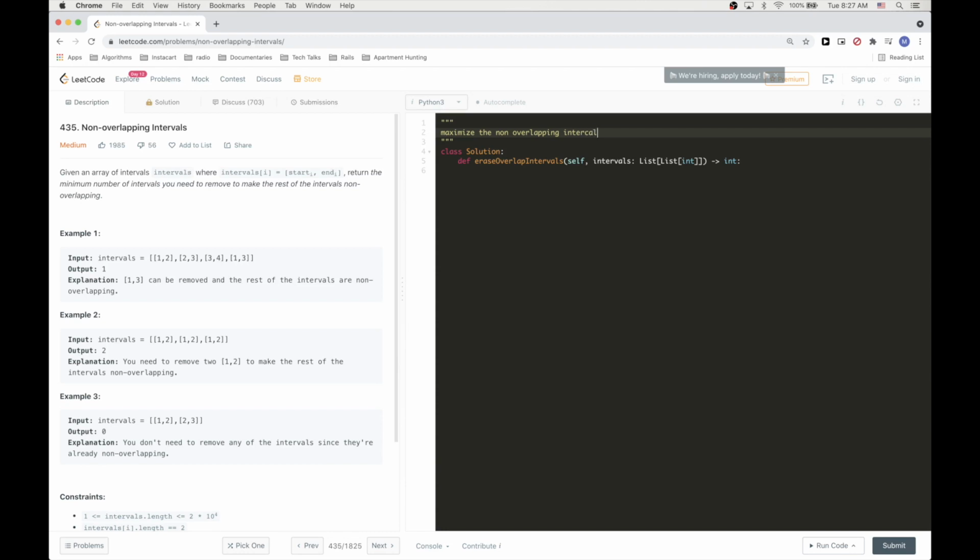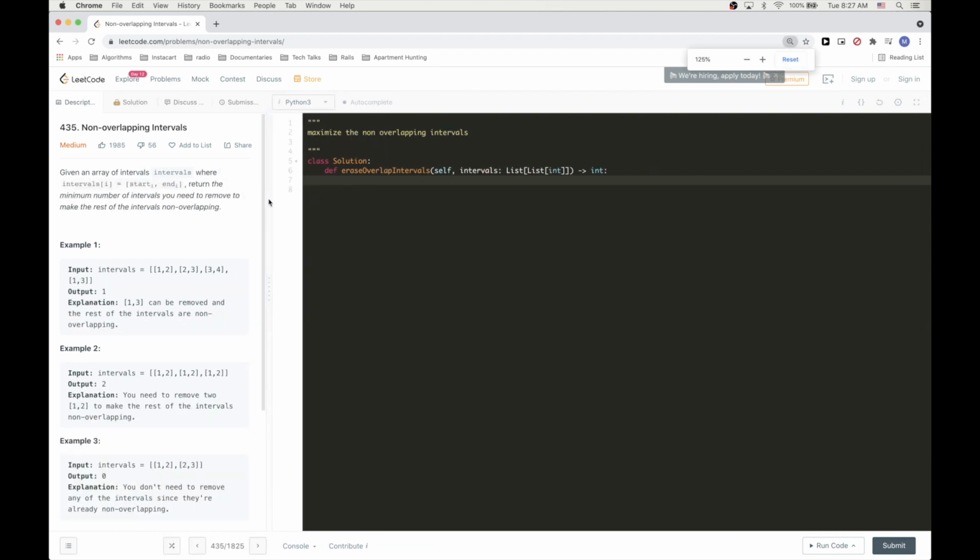Okay, so let's start on that. How can we do that? Yeah, this is just a classic interval scheduling greedy algorithm. We need to first sort the intervals by finish time, which is the last value. So that will be key equal to lambda x, and then x[1].